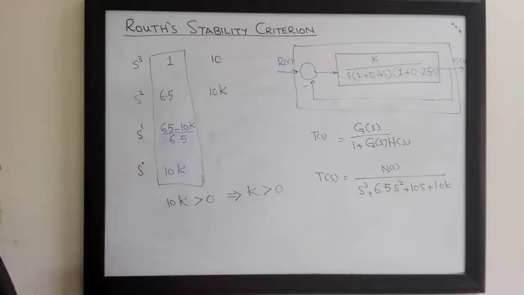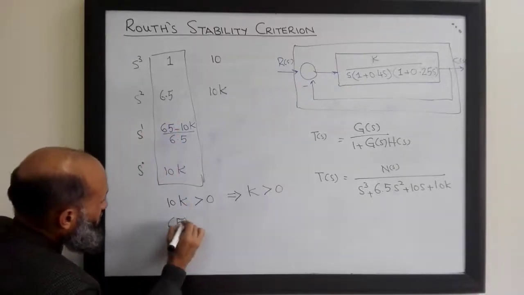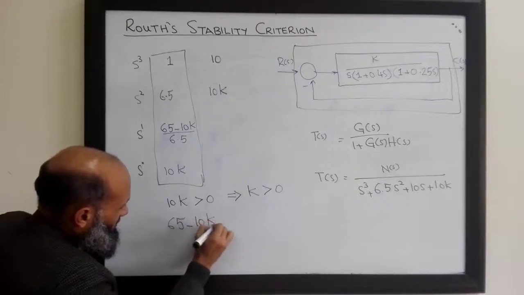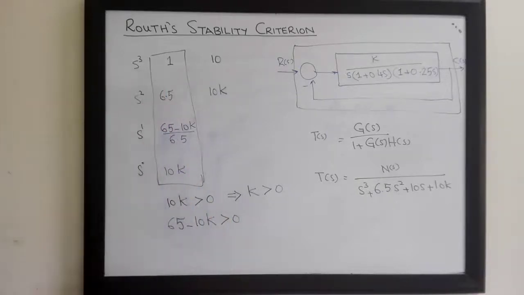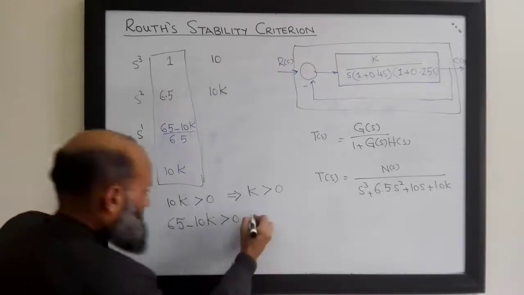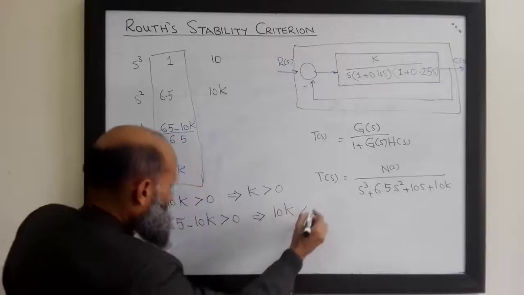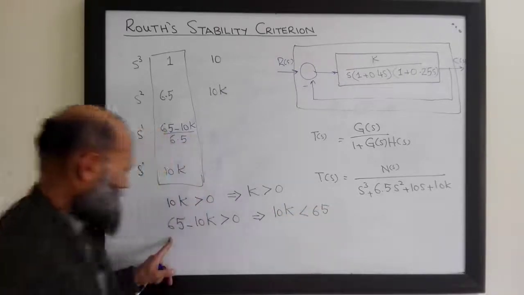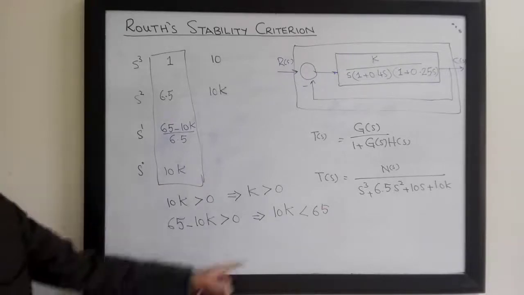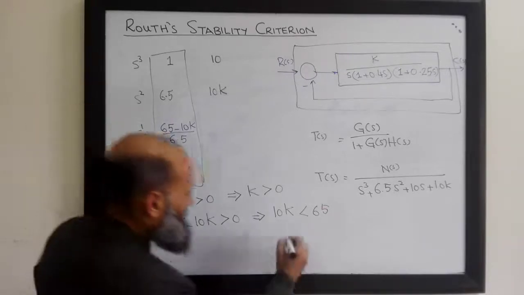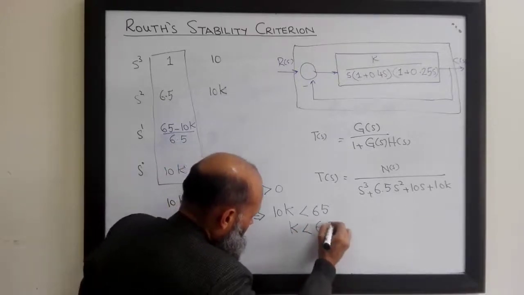From this row, what we conclude is this should be positive, that is 65 minus 10k must be greater than 0 for no sign change in the first column. That is, 10k must be less than 65. If I bring 10k to the right hand side of this inequality, I get 10k less than 65, which implies that k should be less than 6.5.